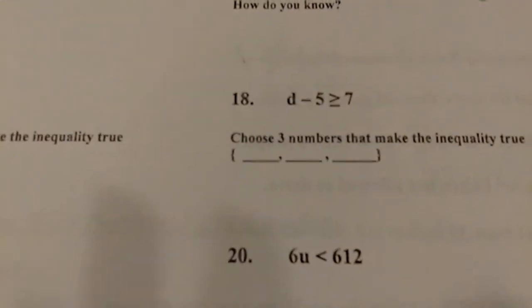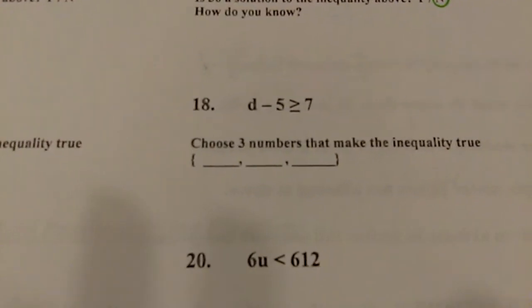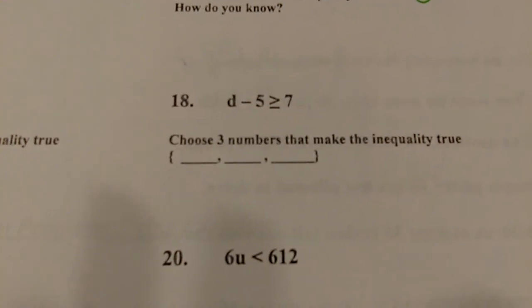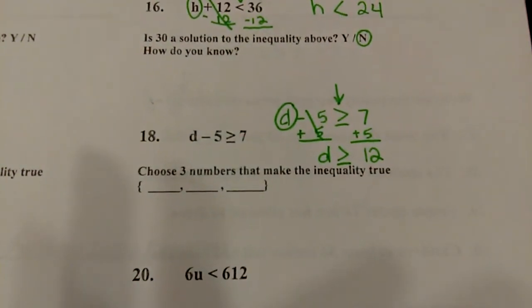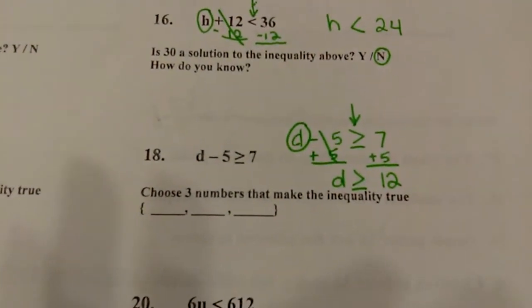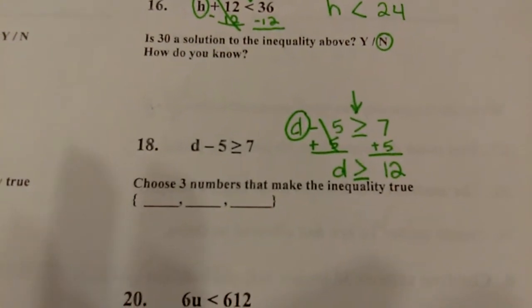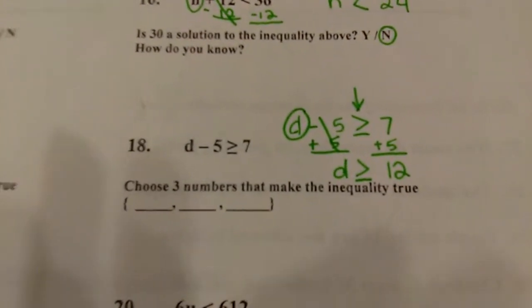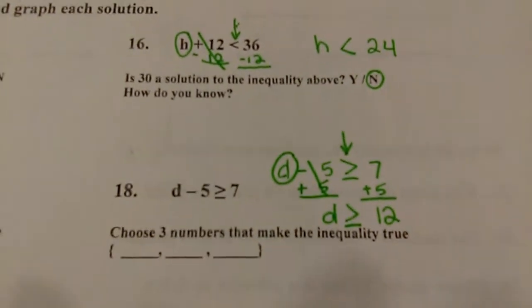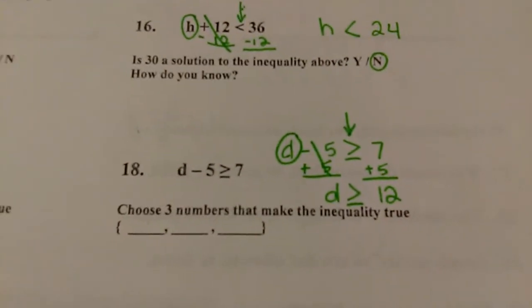So I am going to do my one-step equation strategy. Okay, so I pointed to my inequality symbol to use as the scale for both sides. I circled my variable of d, and I noticed that 5 was being subtracted from it.